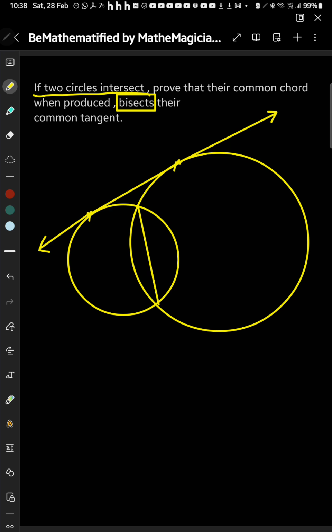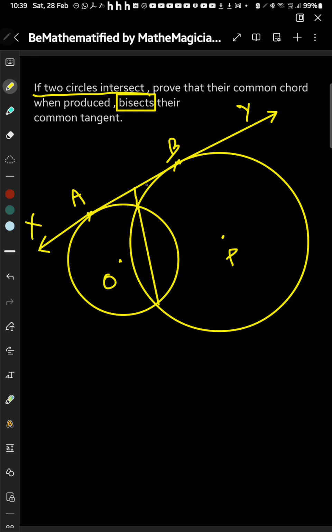I am just explaining the proof; the writing technique, etc. you can do on your own. So if I extend it, let's give some names. Let's give the names of the centers, say O and maybe P. This is AB, this is XY, something like this.